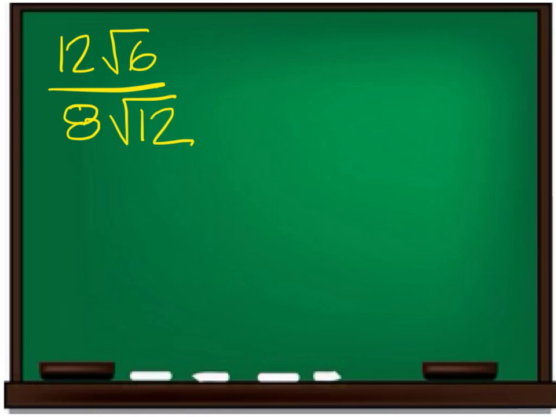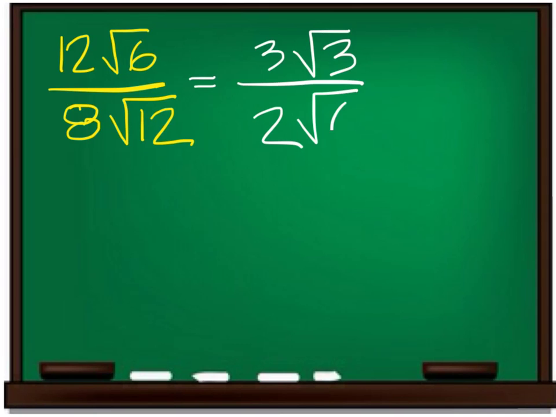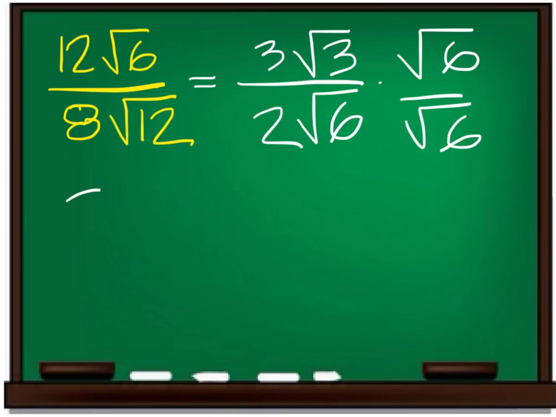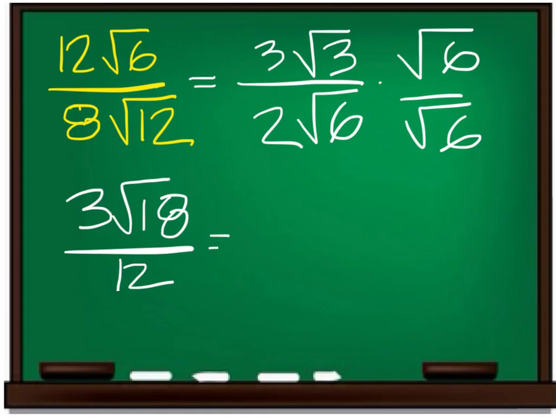Here's the same problem, done a little differently. We're still going to factor out, or reduce 12 and 8 to get 3 over 2. But for square root of 6 over square root of 12, we're going to end up with square root of 3 over square root of 6, dividing by 2. Multiply the top and the bottom by the square root of 6 to get 3 square root of 18 over 12.